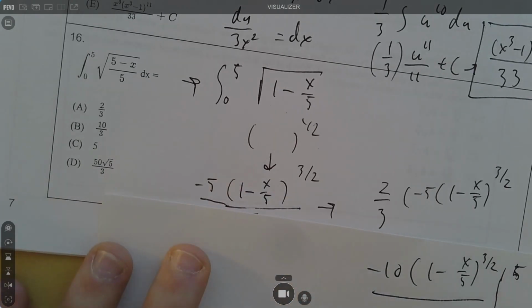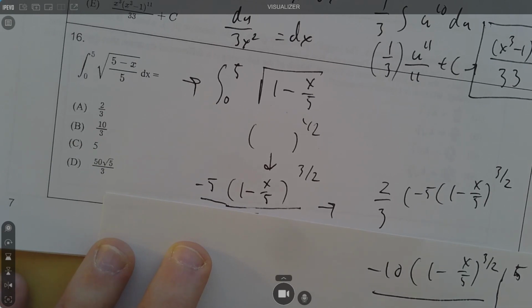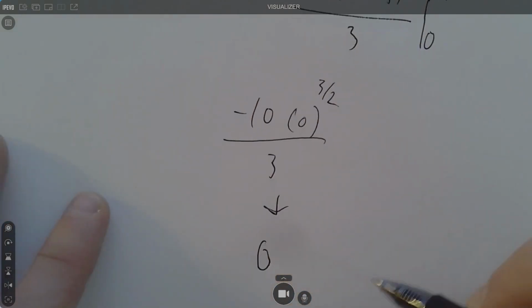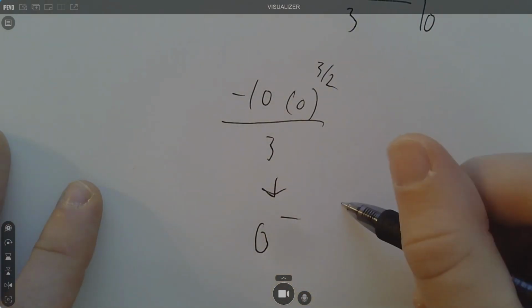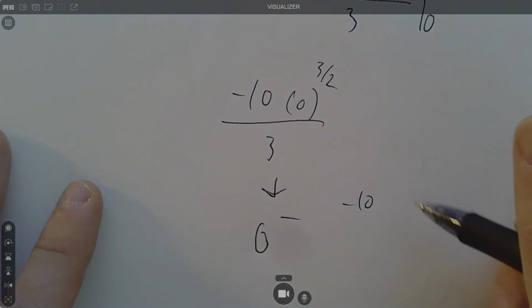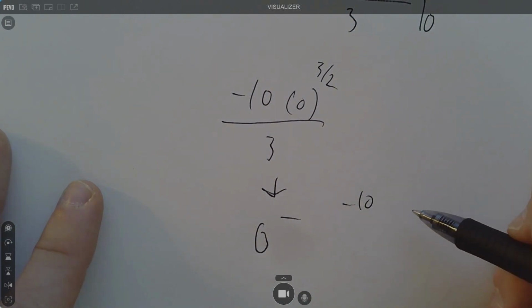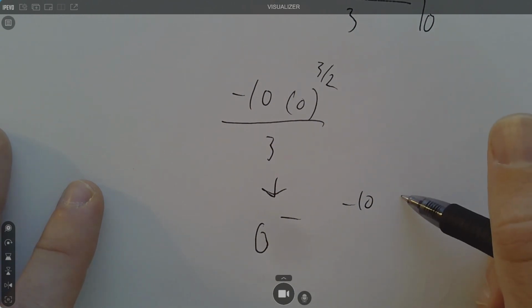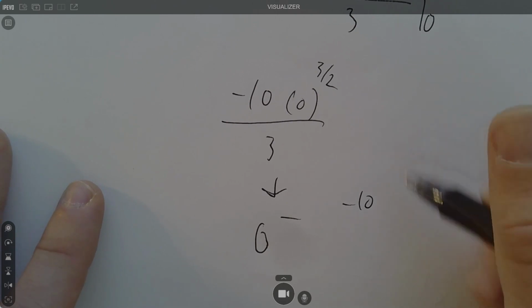So it's going to be negative 10, and when I plug in a 5 here, that's just going to be 0. So this is 0, minus negative 10 times 1, because 1 to the 3/2 is just 1.